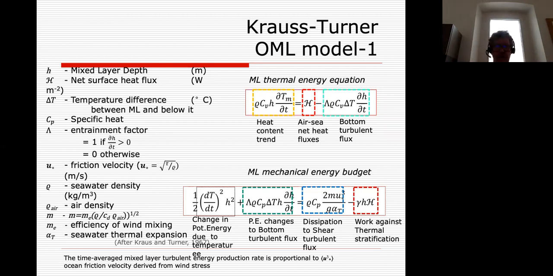One is the potential energy due to the stratification temperature. The other one is the potential energy changes due to the bottom turbulent fluxes that contribute to these changes. And the two are balanced by dissipation by shear turbulent flux that reduces, obviously, the potential energy, and the work against the stratification.